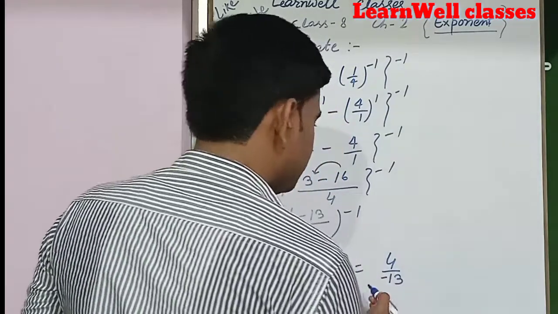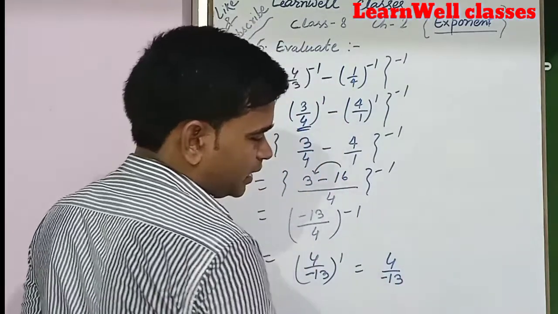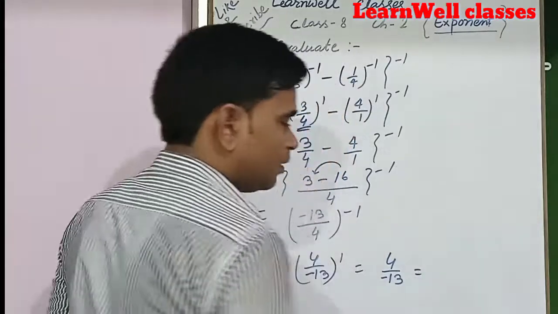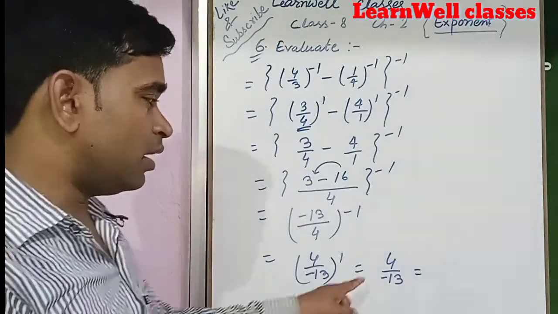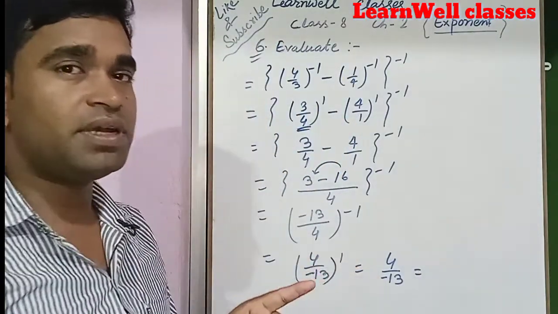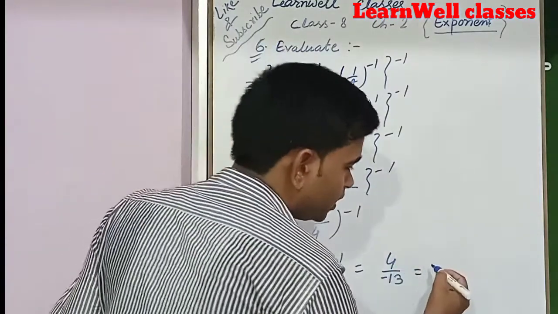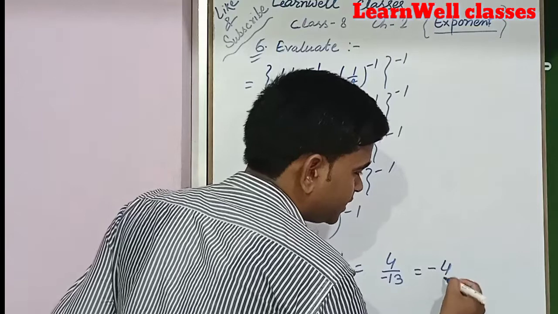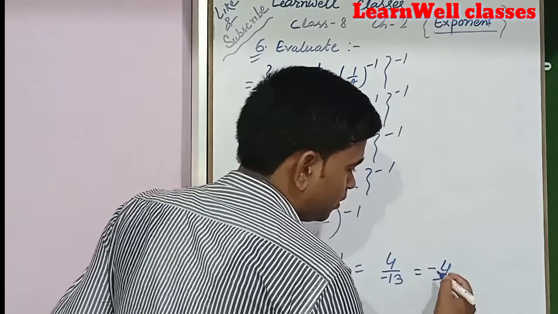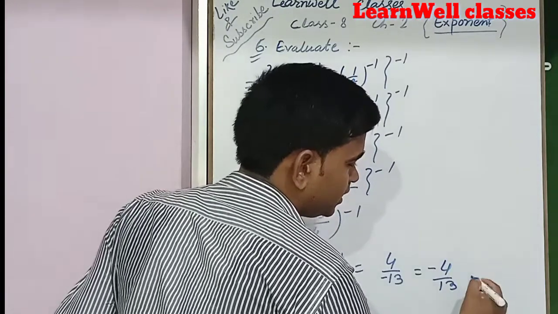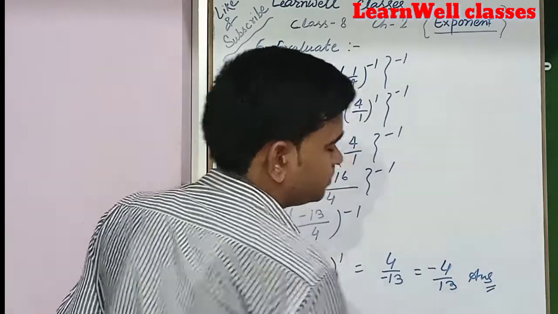So we found 4 upon minus 13. You already know that the denominator is never in minus form, so the minus goes to the numerator. Minus 4 upon 13 is the answer.